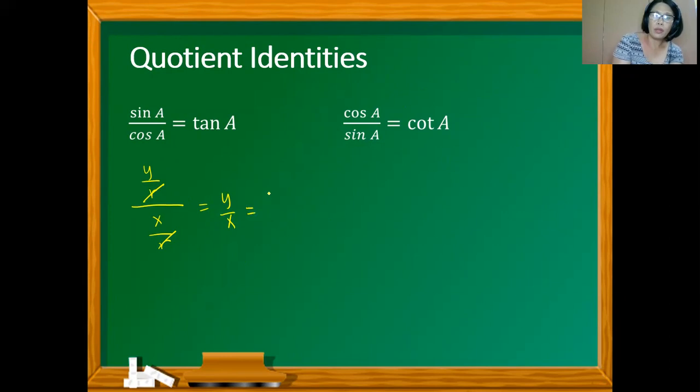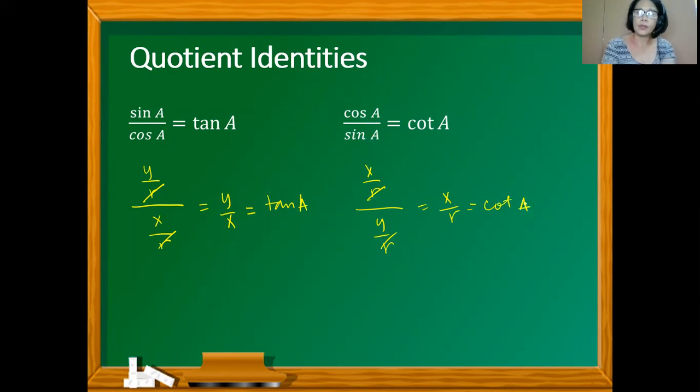And we know that y all over x is tangent A. So likewise here, this is x all over r all over y all over r. Simplifying the complex fraction, we got x all over y, which is equal to cotangent. So these identities will help you solve for the missing trigonometric function values.